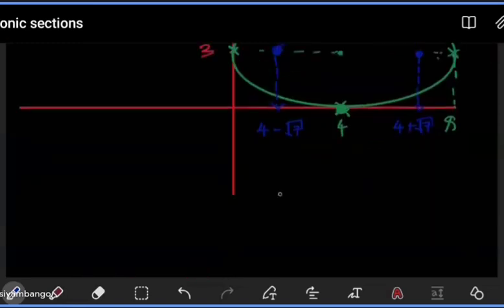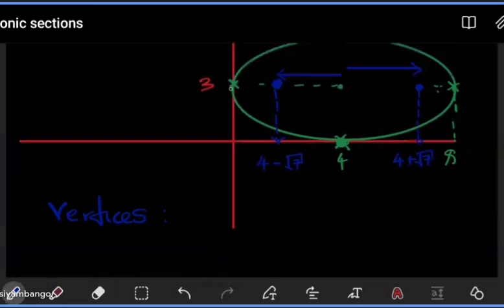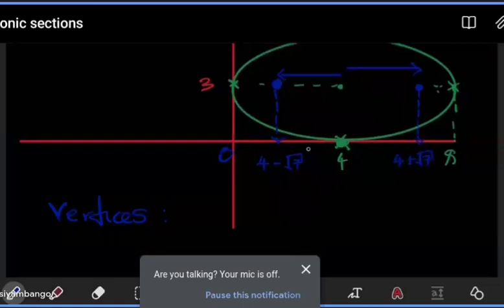So let's start with the vertices. For the vertices, what do we have? So for the vertices here, you see to say it's at 3, and the other one is, no, this is at 0 in the x, this is at 8. So we can't really compact them, but anyway, 3 is the same.